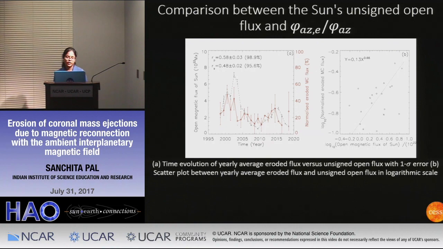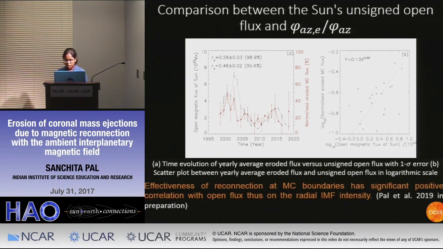As the reconnection rate determines the reconnected amount of flux, there should be a good correlation between the reconnected flux and the IMF intensity. Here we have not considered IMF intensity, as I mentioned earlier. We have taken Φ open as a proxy of IMF intensity.